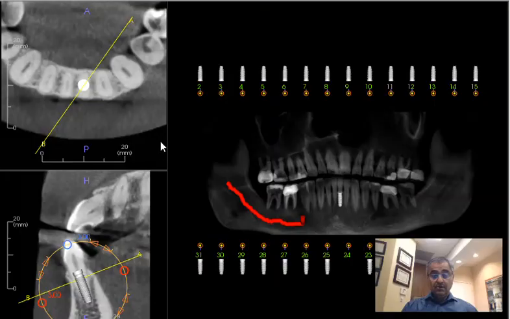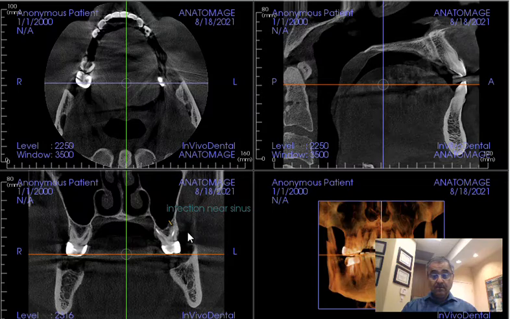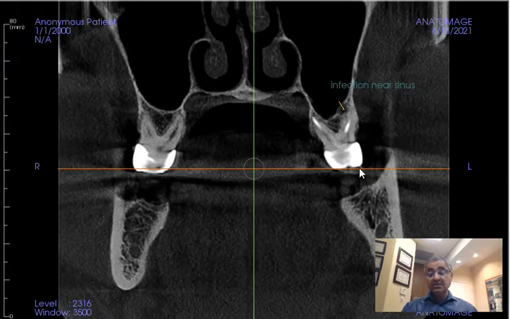So let's go over and take a look at this. This patient came in and had pain on a tooth and inside their sinuses that they had for a while, and no one could figure out what was going on.